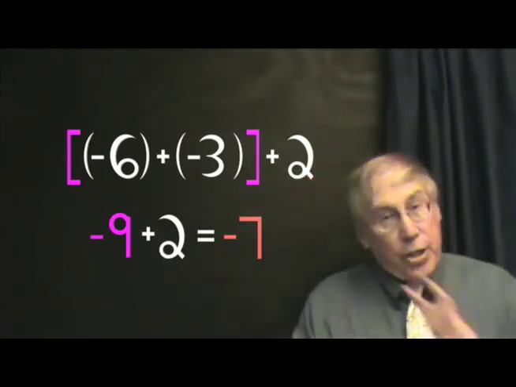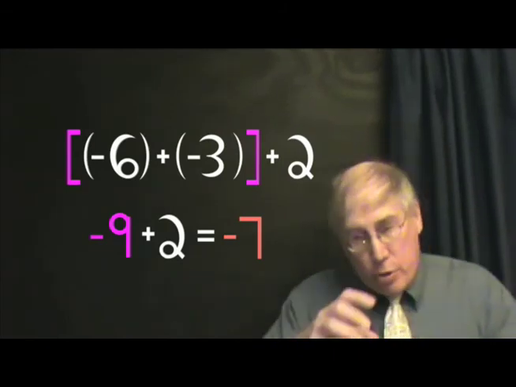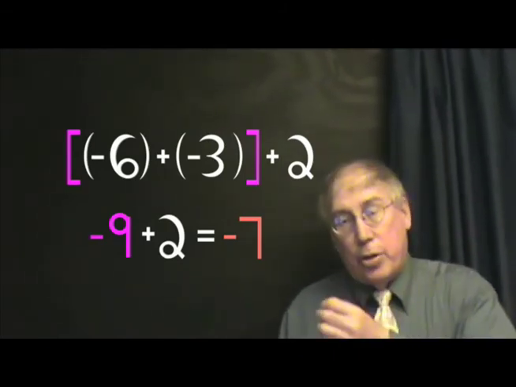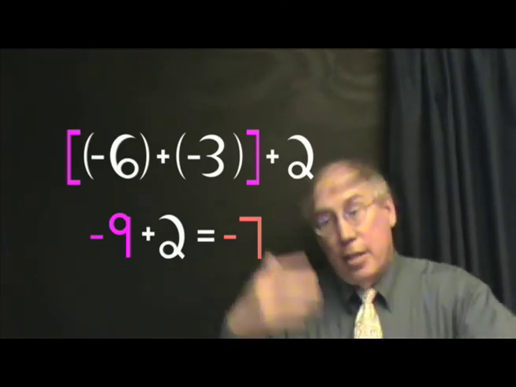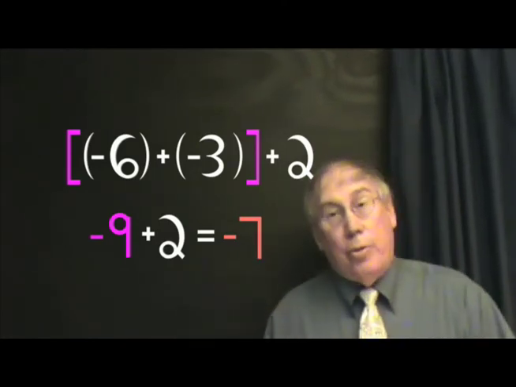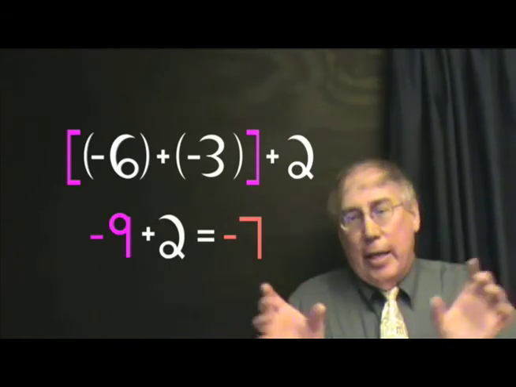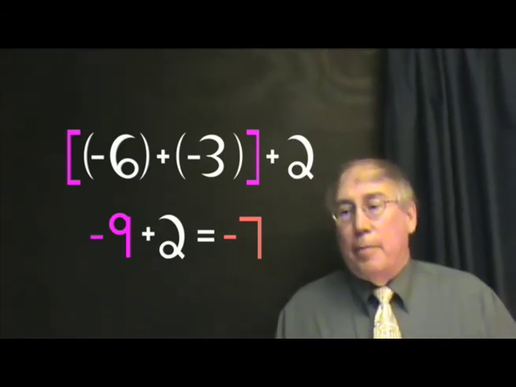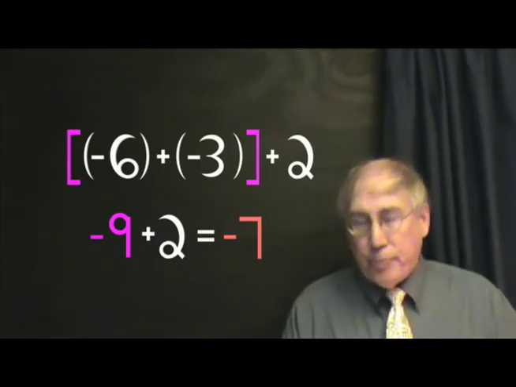And the signs are different now, so you subtract the 2 from the 9 and put a negative with the 7, because the 9 is larger than the 2. Actually, we're looking at the absolute value of the 2 numbers without the sign when we do this.